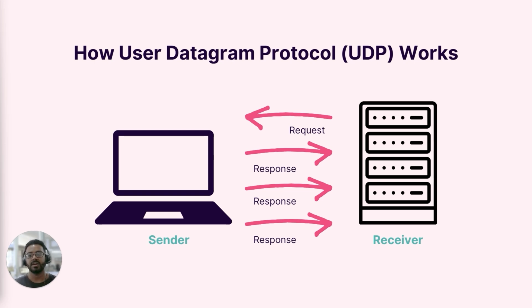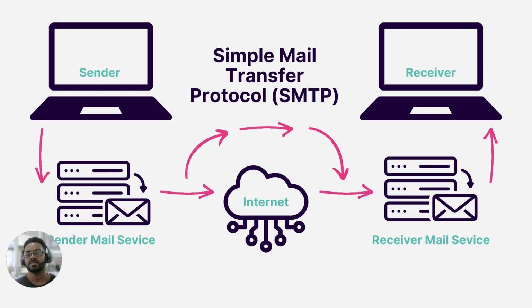So let's take a look at some of the more common TCP ports and protocols. Let's start with SMTP, or Simple Mail Transfer Protocol. It is associated with the TCP port number 25. The primary purpose of this protocol is to make sure that email messages are communicated over the network securely.